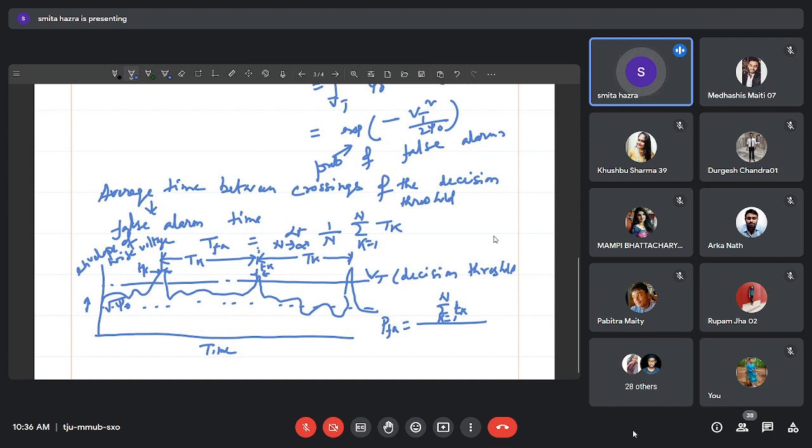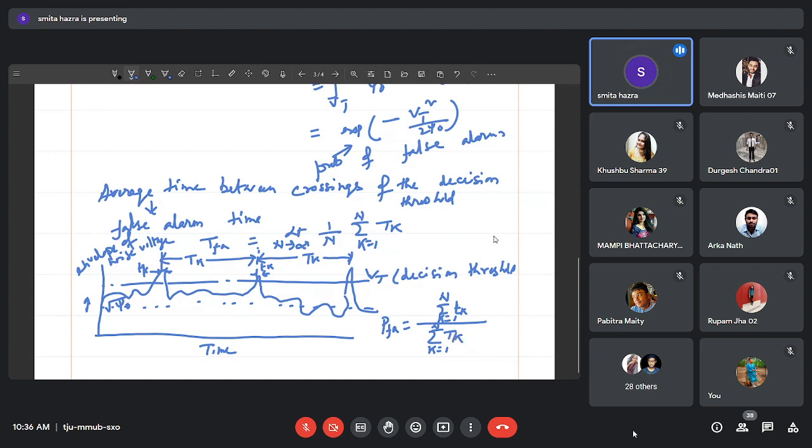So let us take the sum of all this time, that means when it is really above the Vt. This sum is divided by the total time, which means the gap between all these. So for this we can write k equal to 1 to n, sum of capital Tk.